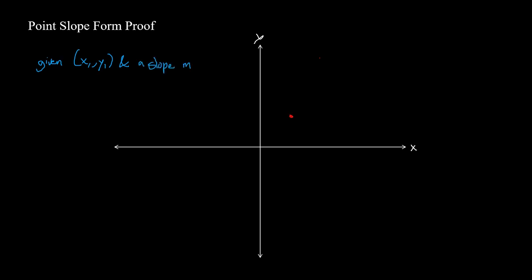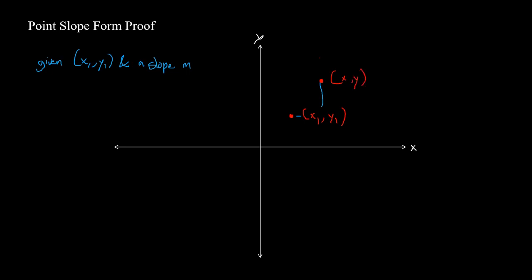Let's say I have a point x1, y1, and we also know the slope. Given that slope, I'm going to go over and go up some distance to draw another point, and we're going to call the second point x, y.